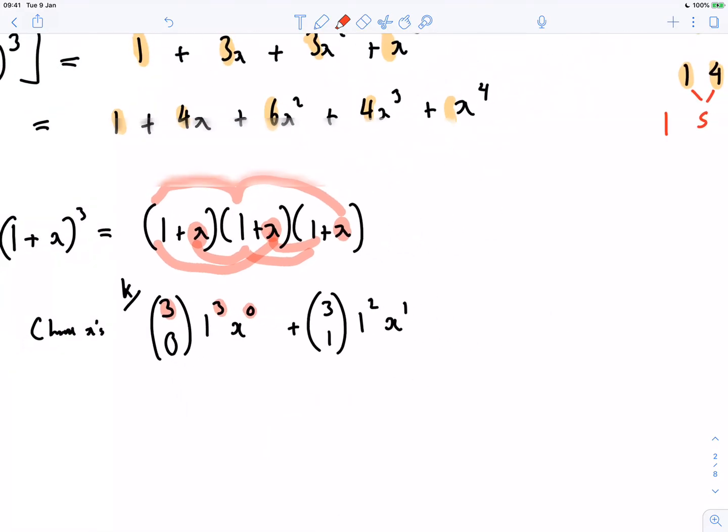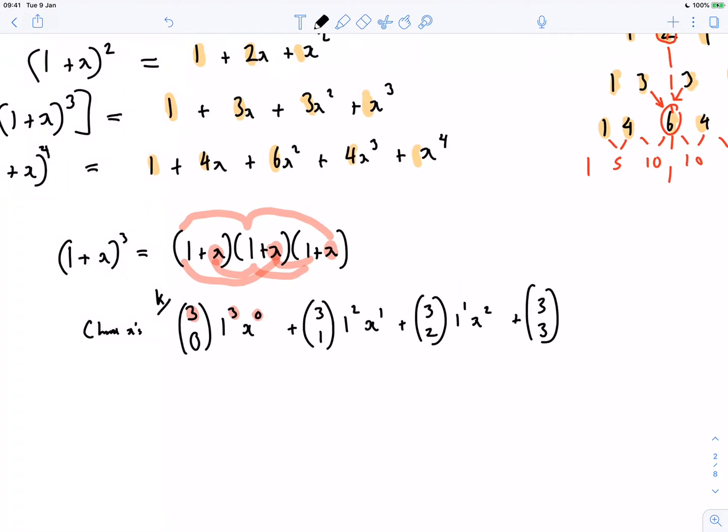And you can apply this logic as you go on. So the next will be 3 choose 2, and that'll be 1 to the 1 now because we only want one 1, and the others are going to be x's, so x squared. And then for the final term, it's going to be 3 choose 3, i.e. out of 3 brackets we want all 3 x's because that'll be x times x times x, which is x cubed, and we want to pick no 1s, so that'll be 1 to the 0.